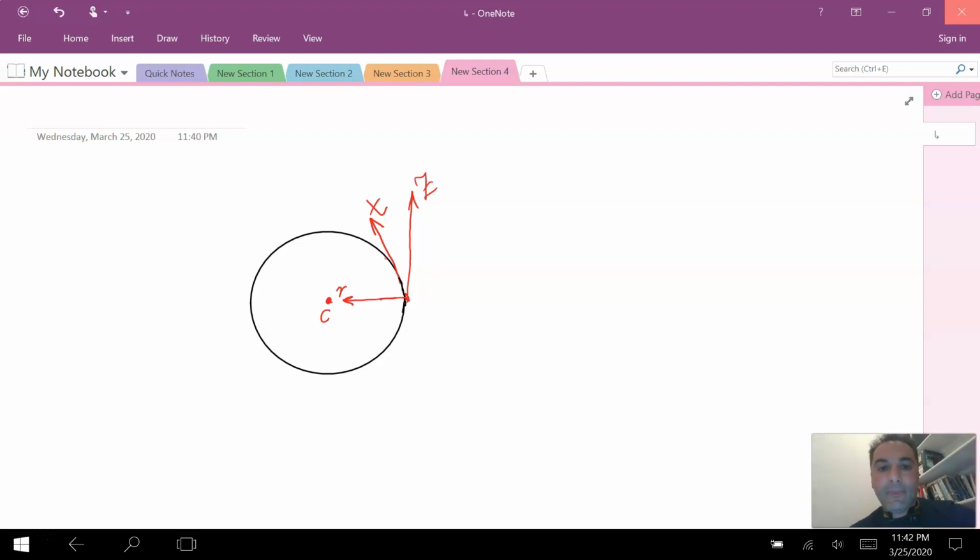Tangent is tangent on the circle, radial is toward the center, and Z is up and down.